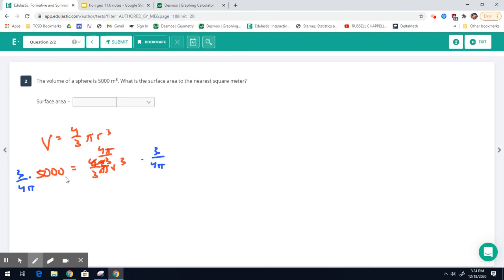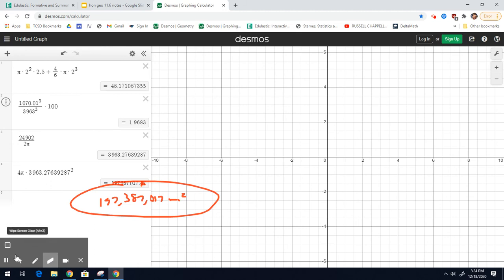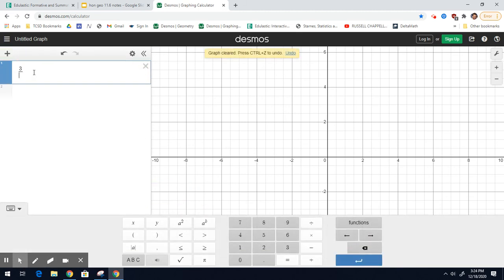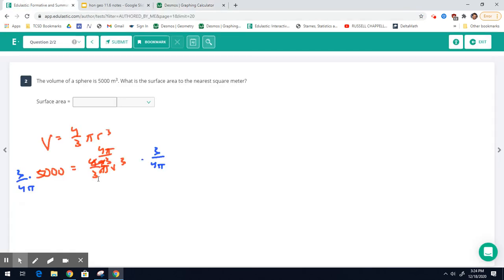So in my graphing calculator, I'll do 3 divided by 4 pi times 5,000. And there I got 1193.66. That's equal to the radius cubed.